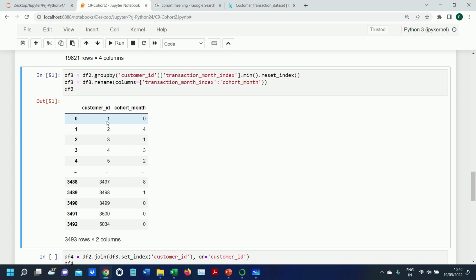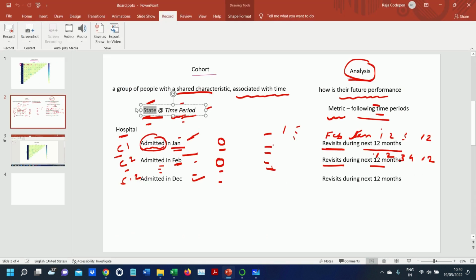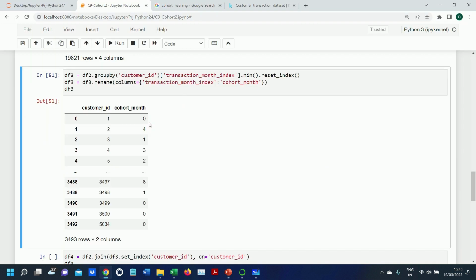This customer 1 has the first transaction in month 0. This customer 5 has done the first transaction in month 2. So as per our analysis, the state here is the initial transaction done by the customer in that particular month. So this is our cohort month.